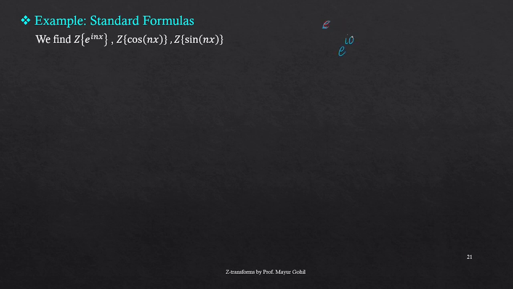e raised to i theta is cos theta plus i sine theta. This is the relationship, this is the angle. And if you have a little bit generalized relation, e raised to i n theta is cos n theta plus i sine n theta.